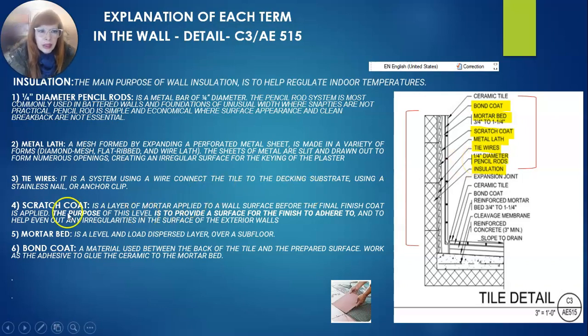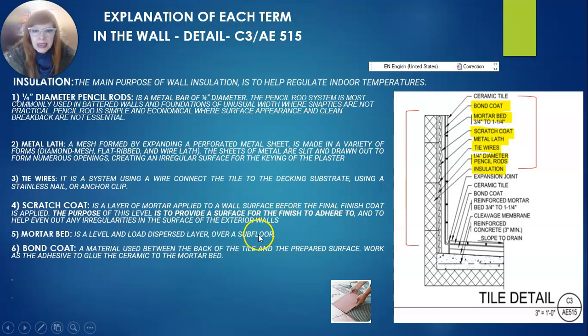And then you have the scratch coat. Scratch coat is a layer of mortar applied to a wall surface before the final finish coat is applied, okay? The purpose of this layer is to provide a surface for the finish to adhere to, and to help even out any irregularities in the surface of the exterior wall.